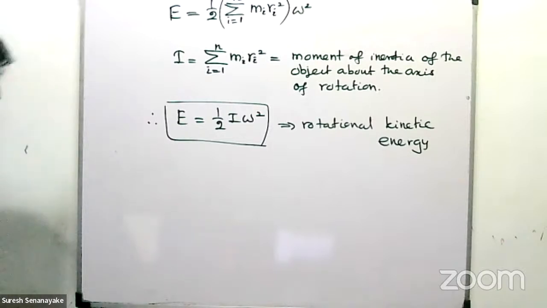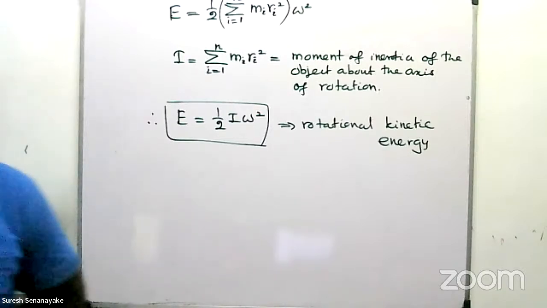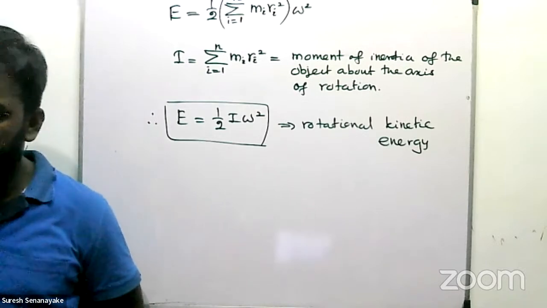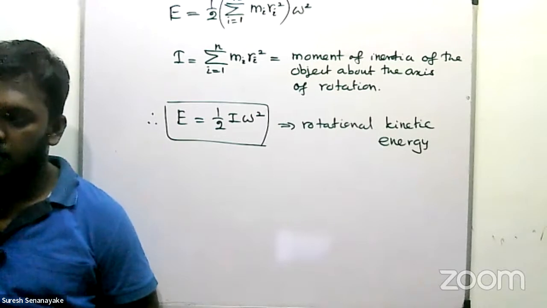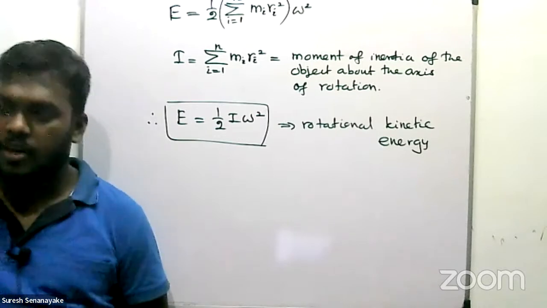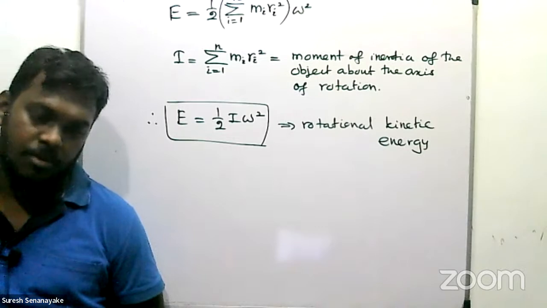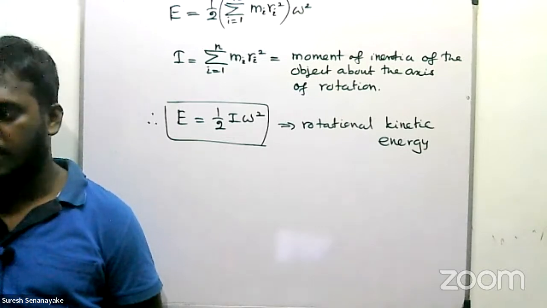And also you need to remember that if the body is rolling, rolling means both rotation and translation are there. So the total kinetic energy equals the sum of the translational and rotational kinetic energies of the system.